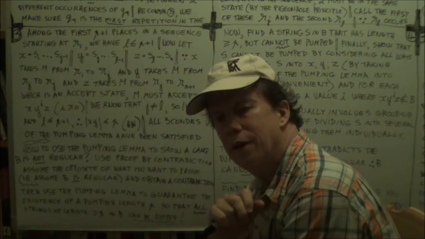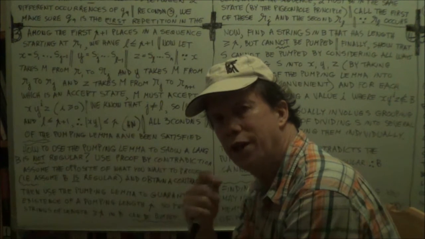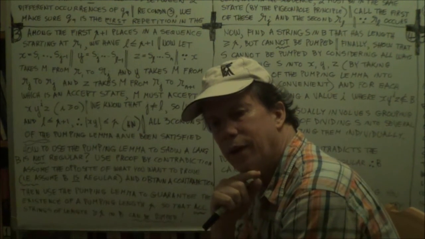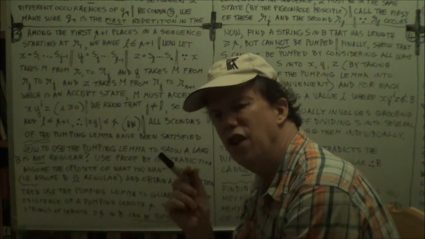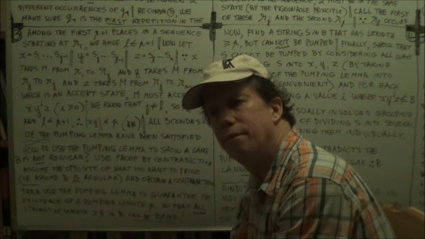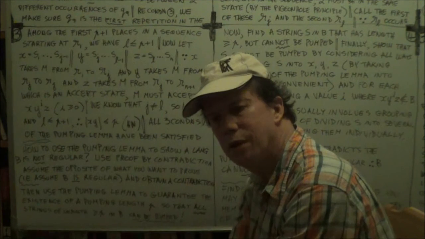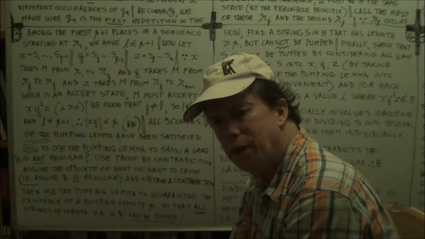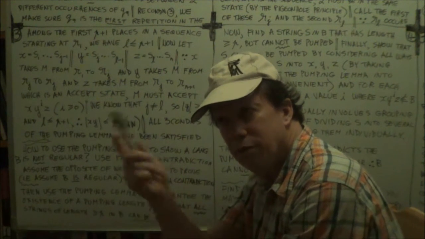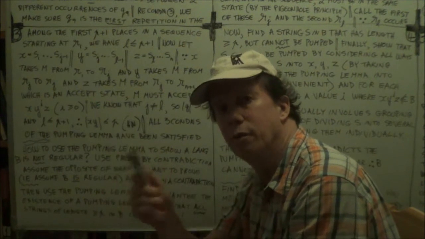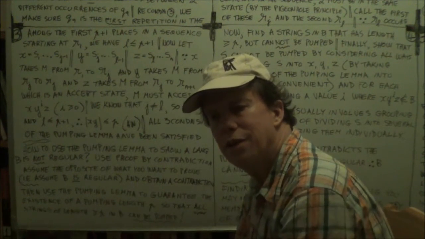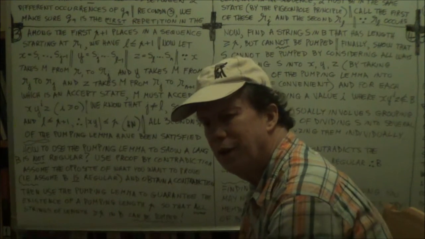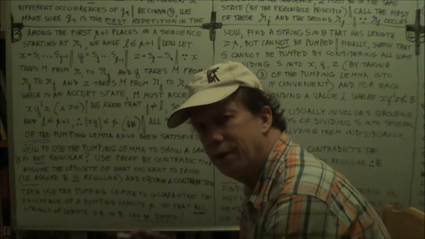Okay? So all you have to do is find one counterexample, some string that is greater or equal to this pumping length, that is not pumpable. In other words, it does not belong to the language; one of those three conditions does not apply to the pumped string.